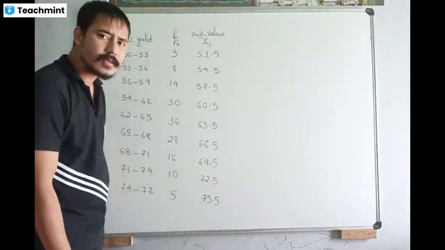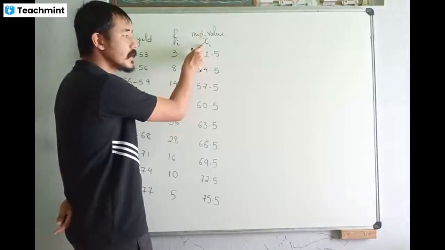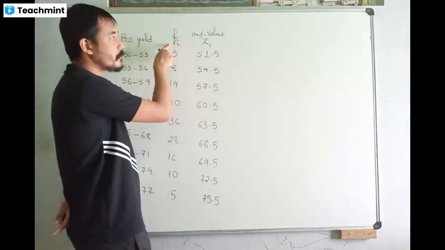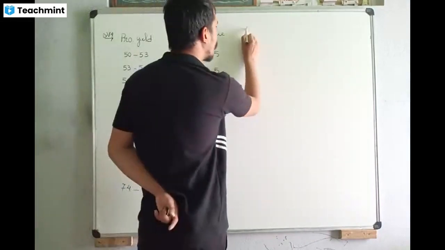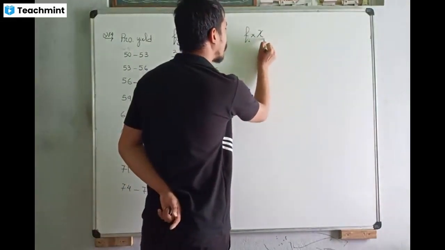What we have to do is multiply the center value by its corresponding frequency. That means we multiply Fi and Xi.